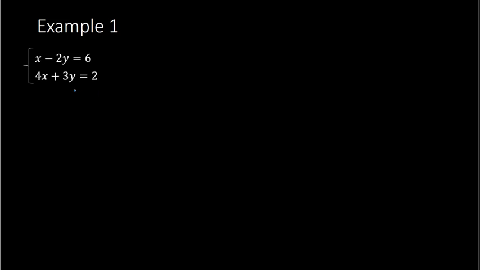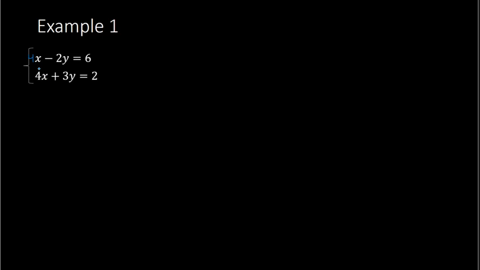So what I want to do is look at either x or y and determine what I would need to multiply either equation by to get something to cancel. Look at this first equation. If I can get this x to become a 4x, then they would cancel by subtracting. 4x minus 4x would cancel out.